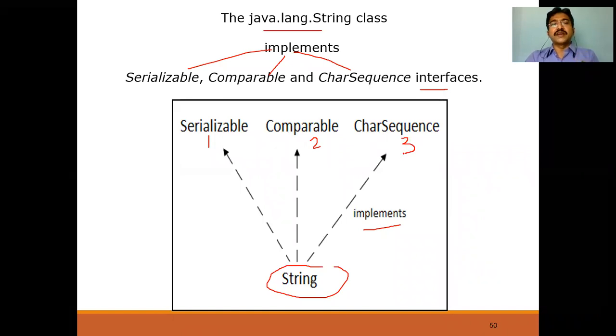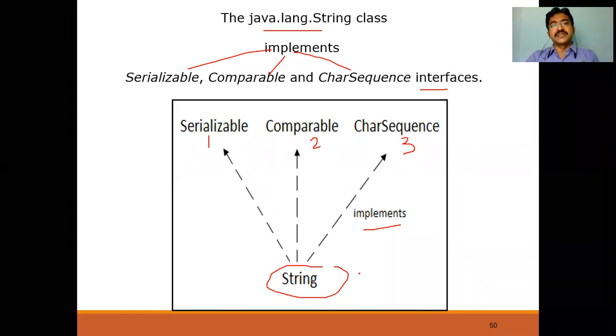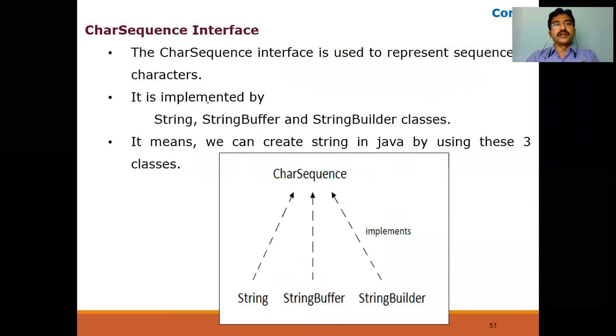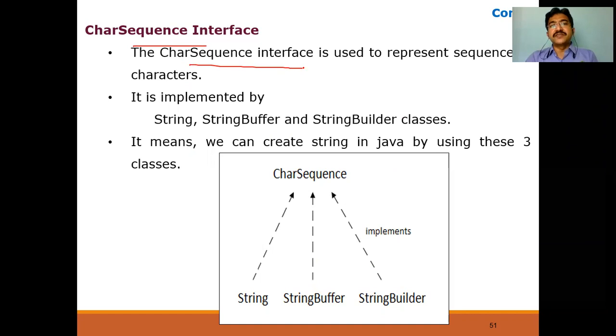Now what we have said is that a string means a sequence of characters, an array of characters is called a string. Now we make use of CharSequence. String implements CharSequence, so the third one we are going to consider here. Coming to the CharSequence interface, as the name itself says, it is used to represent a sequence of characters.